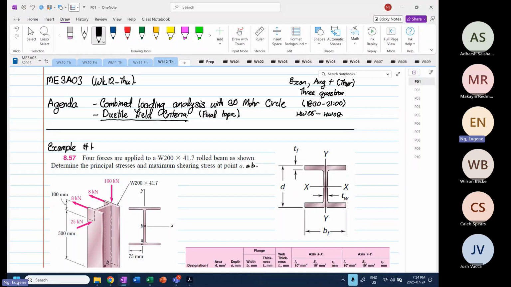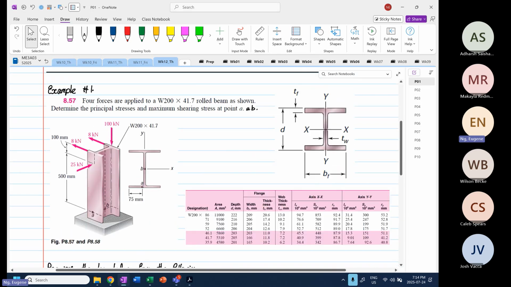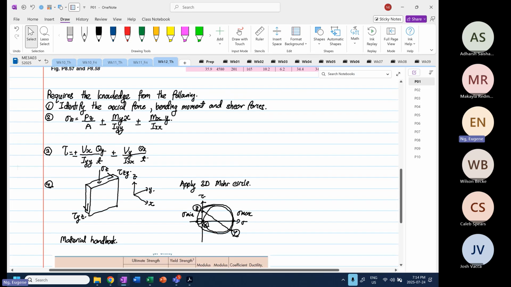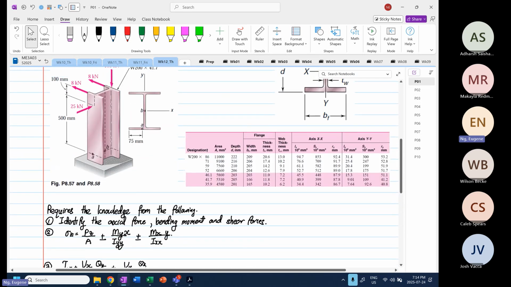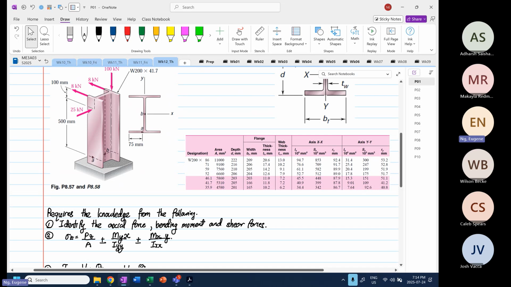Okay, so let's see how we solve a problem like example number 1. Now the unique thing is we have a situation where we have to determine our shearing stress. So take this as a revision, as an overall revision, excluding yield criteria, okay. So we're going to go from here, right?